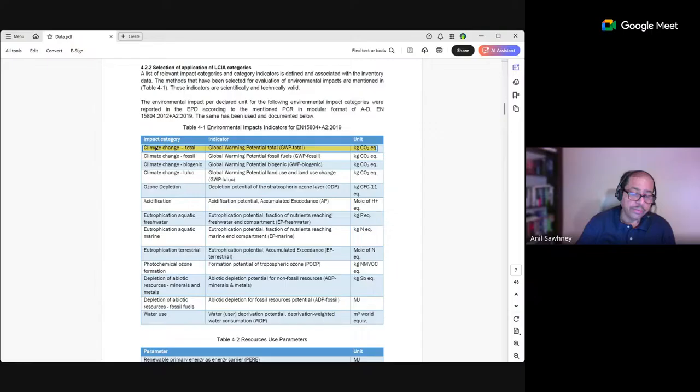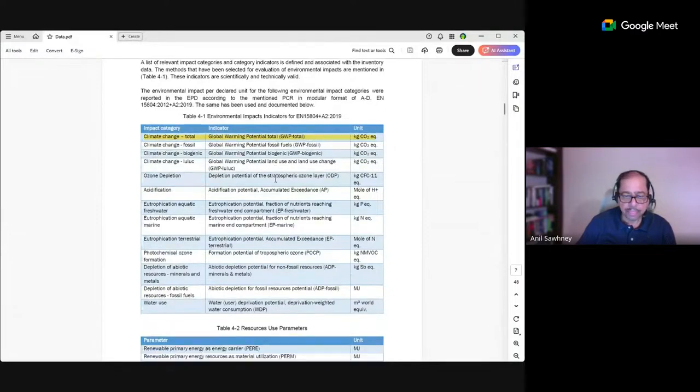So they do give GWP total, GWP from fossil fuel, GWP biogenic, GWP from land use change related, and so on. So many more indicators, but for our assessments, we currently focus on GWP total. So this first row is what we are going to be interested in.